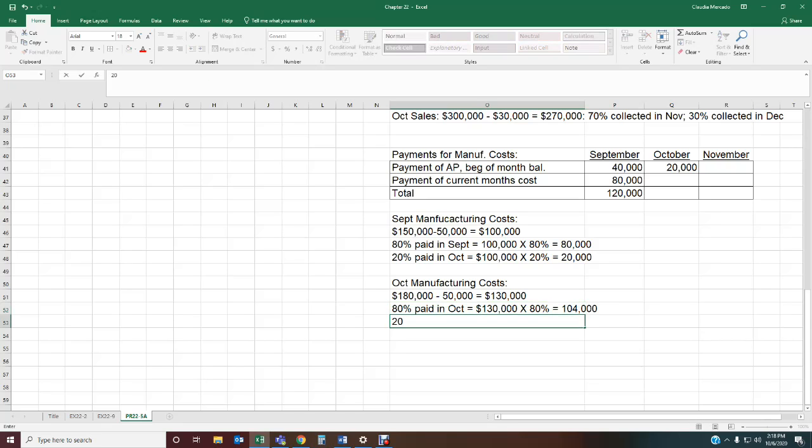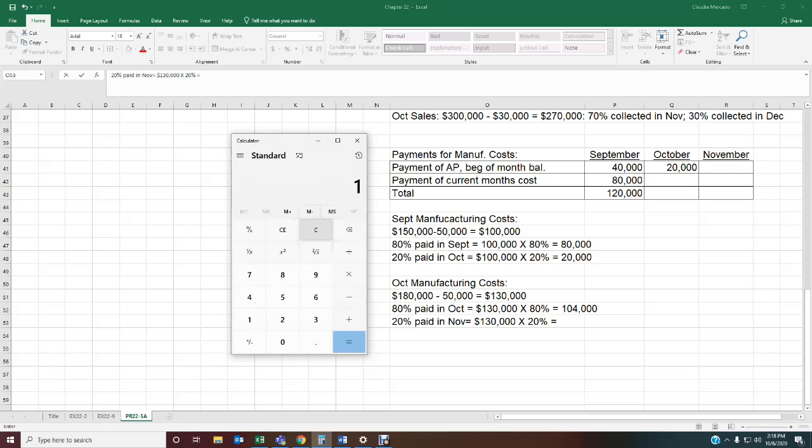And then 20% is going to be paid in November. So that's 130,000 times 20%, which gives us $26,000.